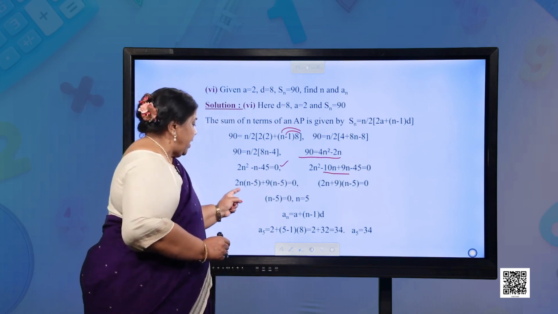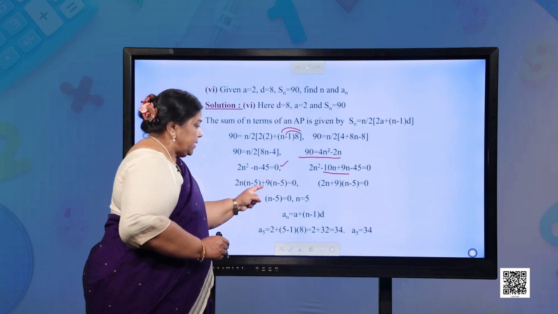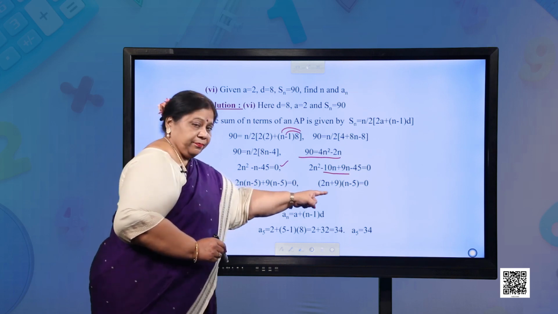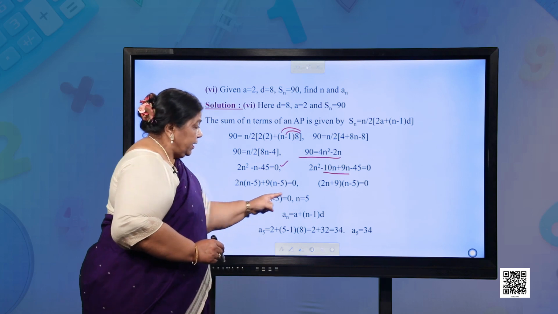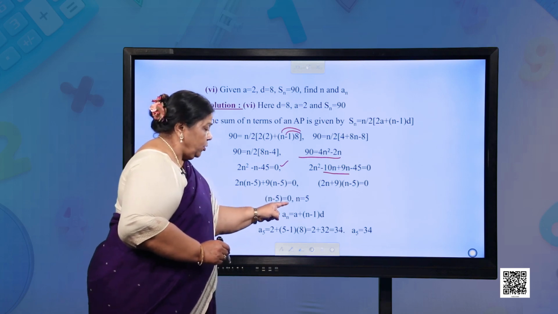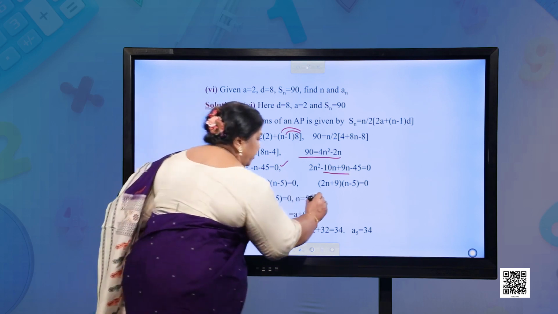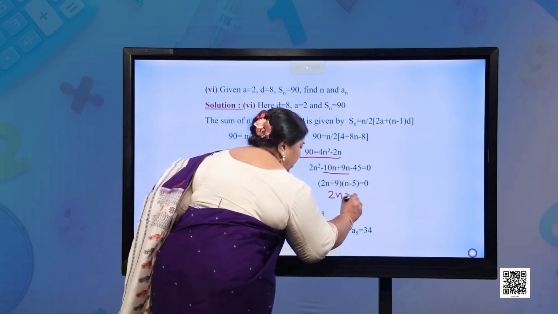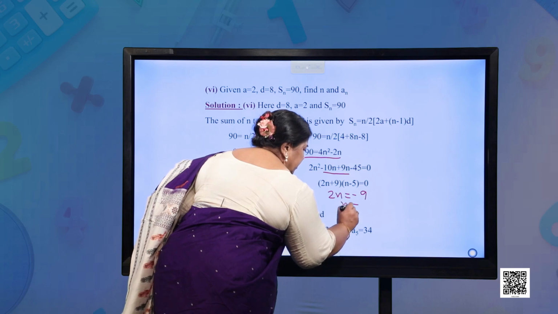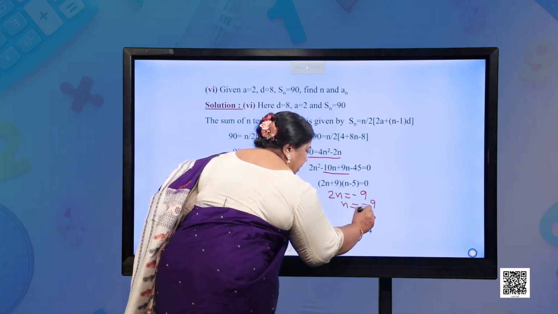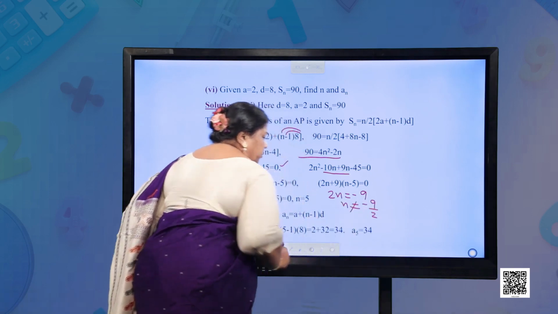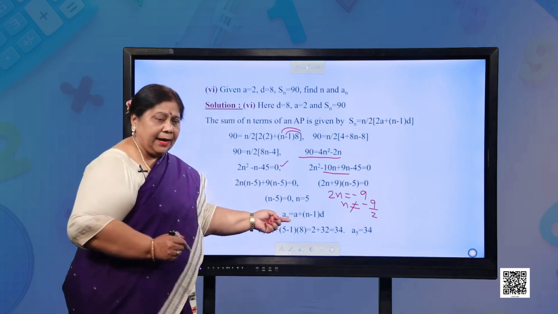Thus, we have two factors, 2n plus 9 and n minus 5. Just observe here, either n minus 5 is equal to 0, that gives us n is equal to 5, or we have 2n is equal to minus 9, n is equal to minus 9 upon 2. This is rejected because we cannot have n as negative.